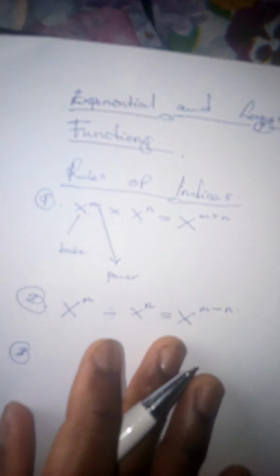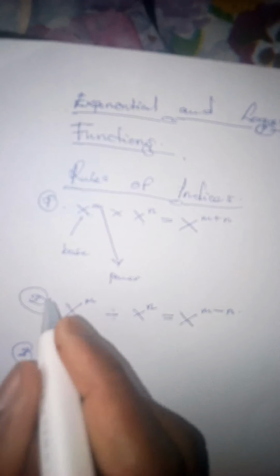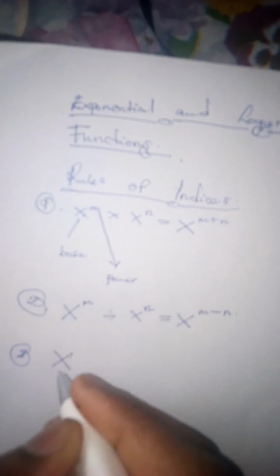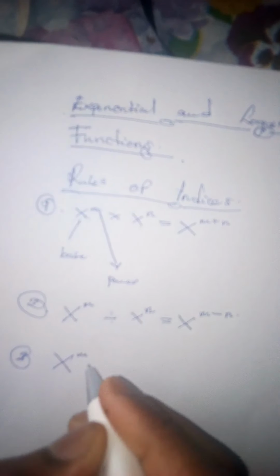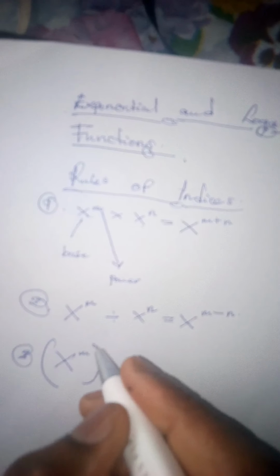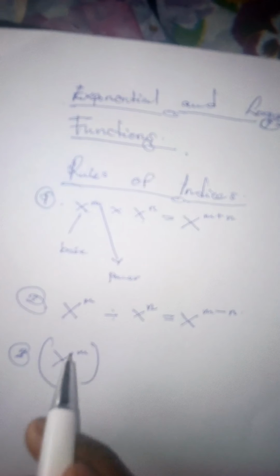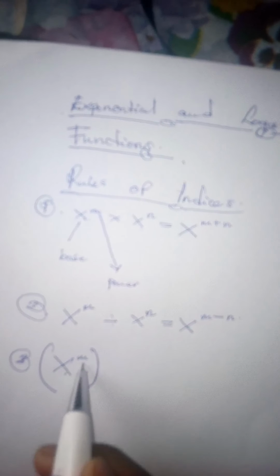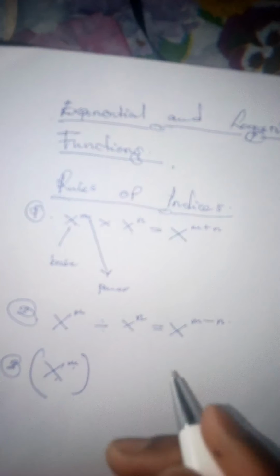Law 3 is something like when we have x to the power m, and this x^m is raised to another power, we just multiply the indices.